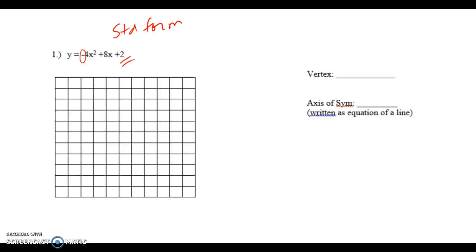When you have a quadratic in standard form, you find the axis of symmetry using negative b over 2a, right? So b is 8. Negative 8 over 2 times a. A is negative 4. So this is negative 8 over negative 8 equals 1. Our axis of symmetry equals 1.